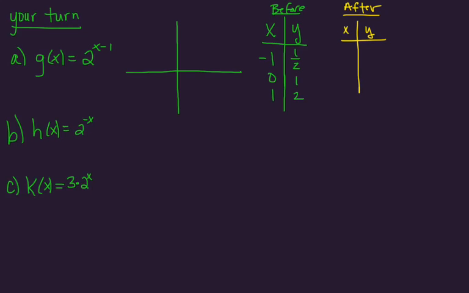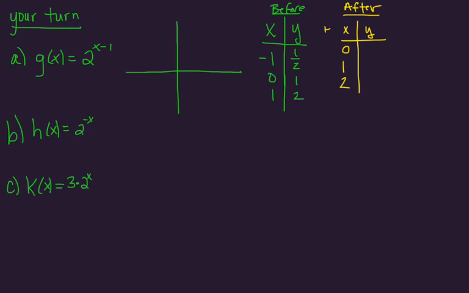Okay, so listen carefully. If I shift to the right 1, do I change any of the y coordinates? What am I changing? What do I do to x? I'm going to add 1 to all the x's. So 0, 1, 2. So here, I just added 1 to all the x coordinates.